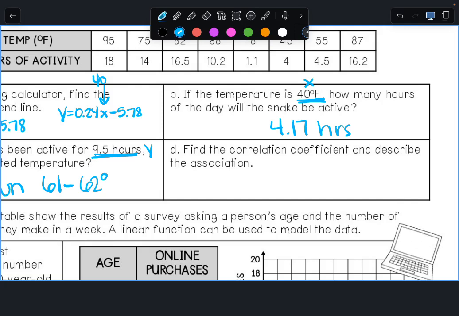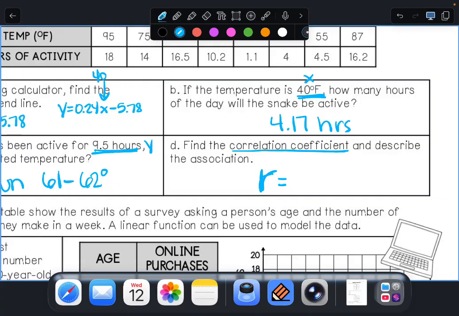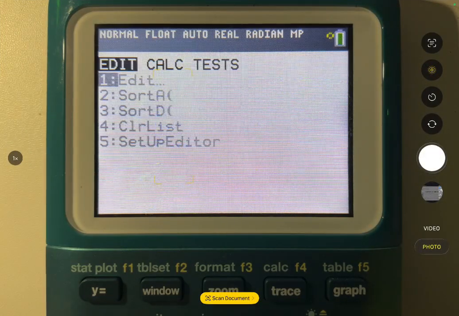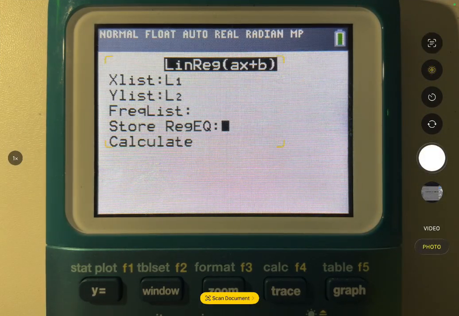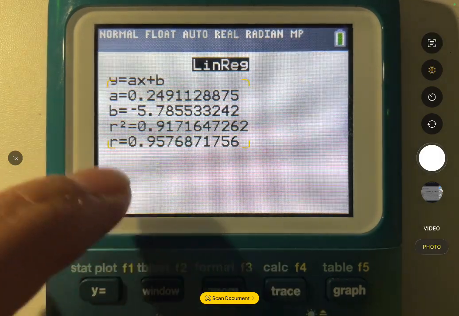Part D, find the correlation coefficient. What is the variable that we use for correlation coefficient? Back to yesterday. R equals. So this next part applies to those people that didn't see the R. If your R didn't pop up, what do you need to do so it can pop up?